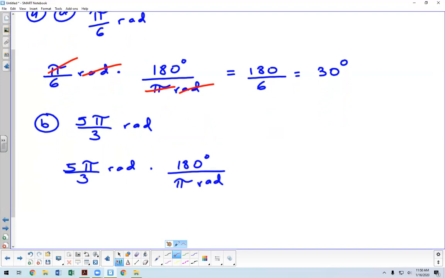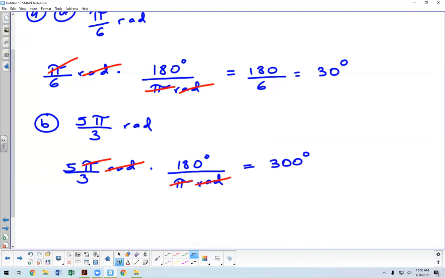And you can see the way this formula works out. If you do have that pi value in your radian measurement, they will end up canceling each other out, which makes it really nice and easy. So 3 will go into 18 6 times, so that's 60. Yeah. 300 degrees.